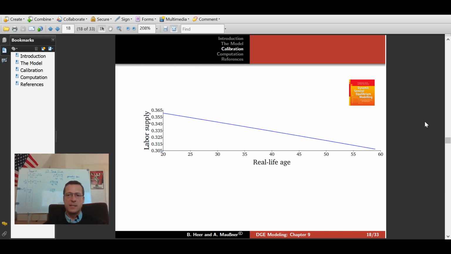And this labor supply age profile, again, is not completely realistic. What we observe in reality, in the United States, is that labor supply is hump-shaped. So it increases with age until age 40, 45, and then it declines until age 65.